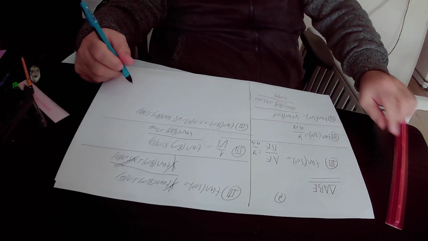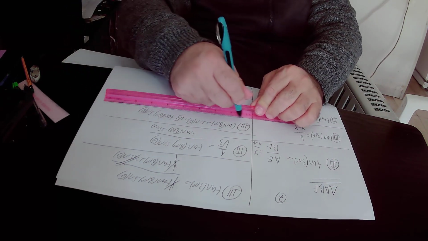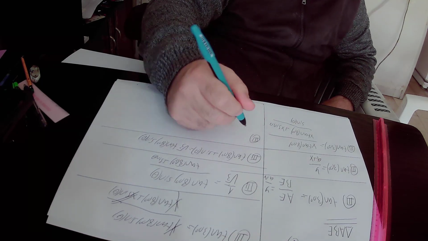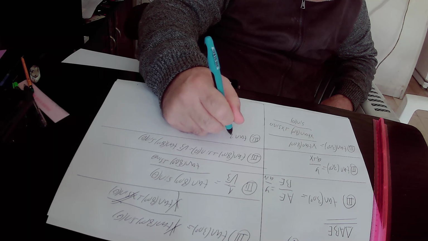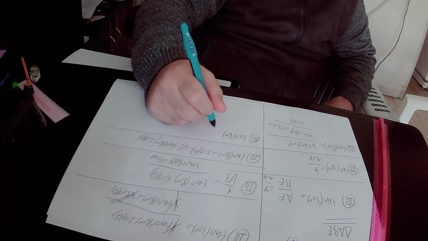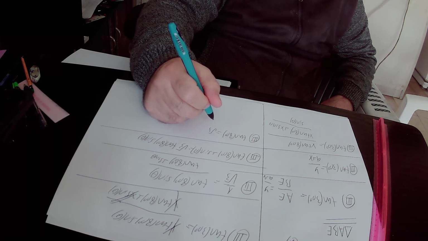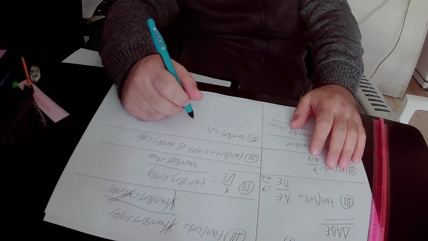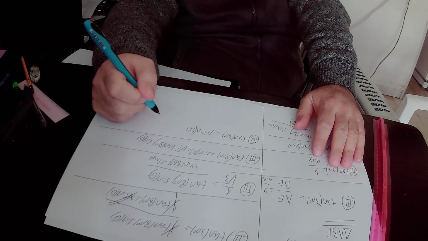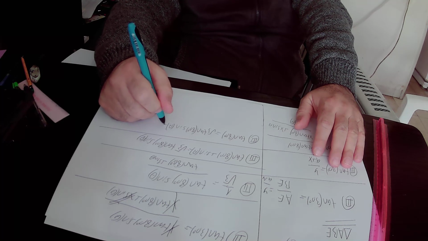Here we will subtract sine theta from this equation, and we will get that tangent 80 degrees equals square root of 3 tangent 80 degrees times sine theta minus sine theta.